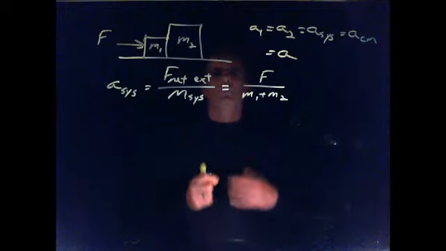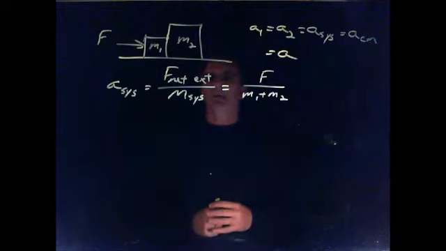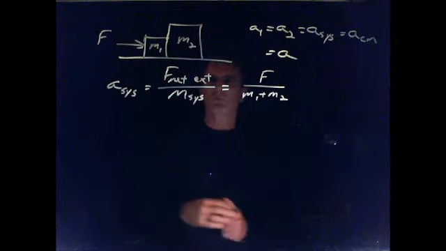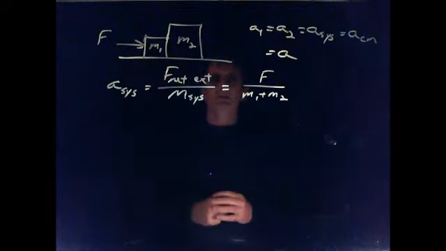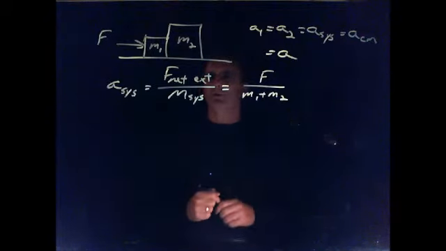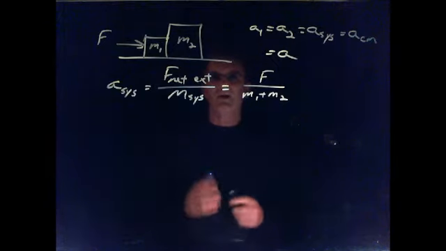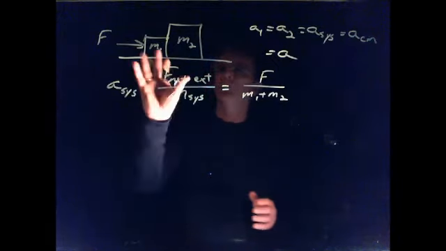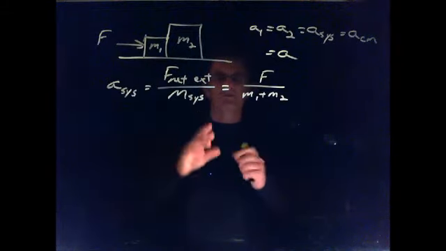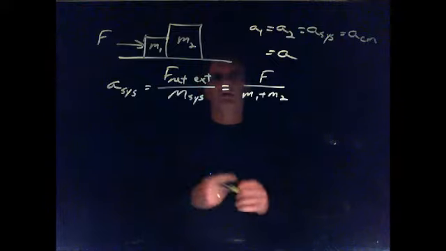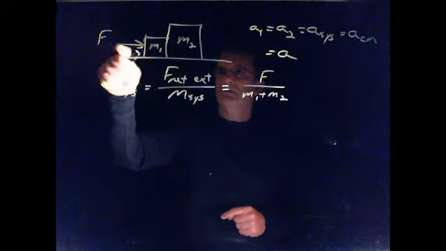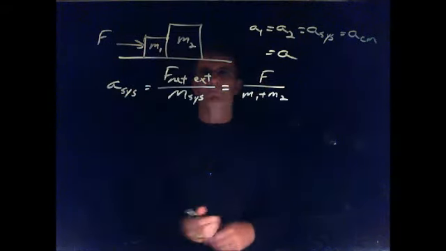Now, we can take a look at the individual force between block 1 and block 2 and figure that out. A lot of times that's a question. So if I want to look at the force on M1, and I'm not talking about this F. Remember, if you go back a few minutes, the net force on M1 is this force minus the back force.